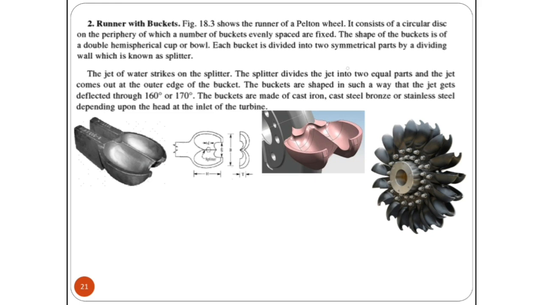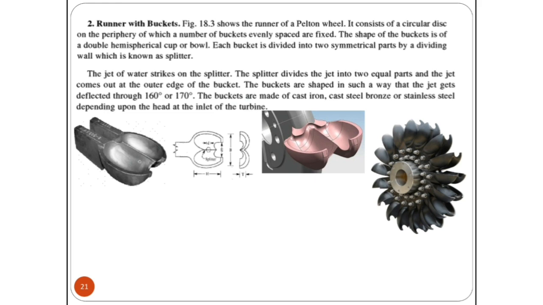Each bucket is divided into two symmetrical parts by a dividing wall, which is known as the splitter. In the center you can see the splitter, which divides the bucket into two equal symmetrical parts. Now when the jet of water strikes this splitter at the center, the splitter divides the jet into two equal parts, and the jet comes out at the outer edge of the bucket.